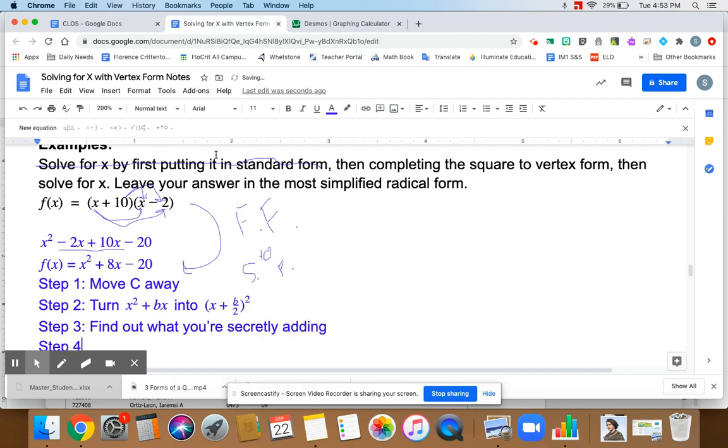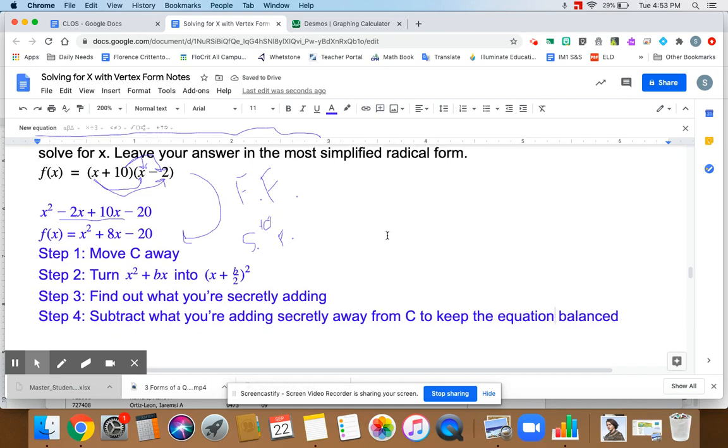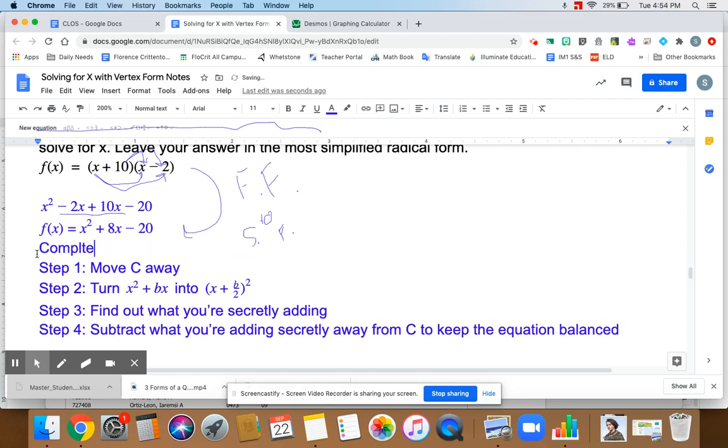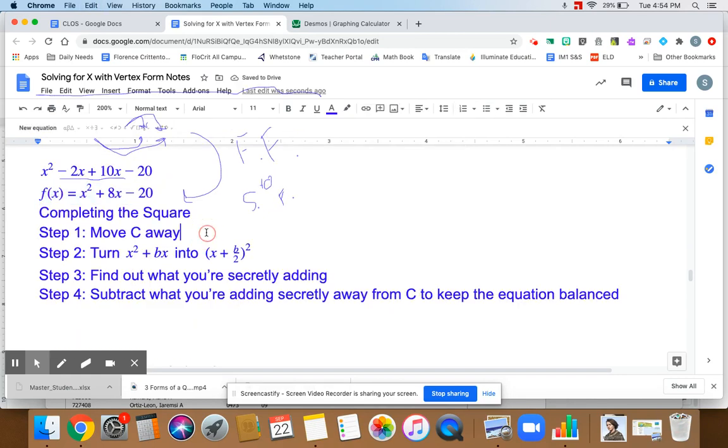And then step 4, subtract what you're adding secretly away to keep it balanced. Oh, and we're subtracting it away from C. And by it, I mean the equation, to keep the equation balanced. And these are our completing the square steps. So let's take it and let's do each one of them.